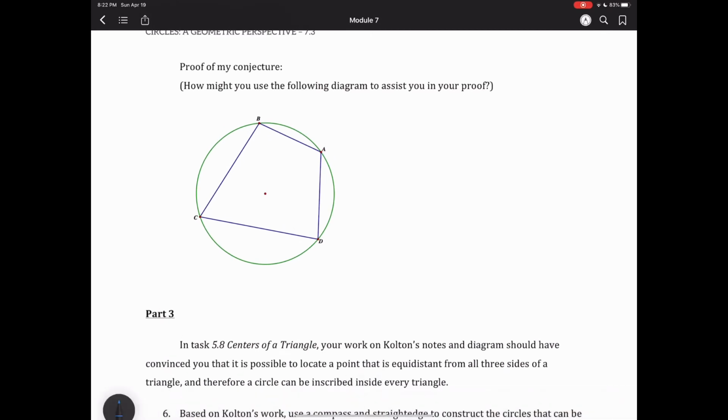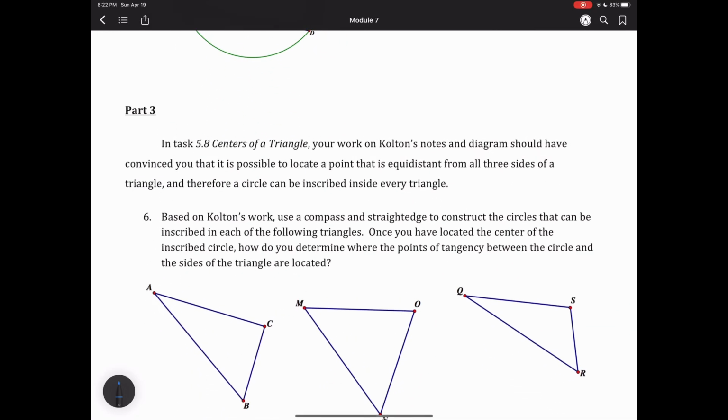Okay, and here's another diagram that you could use to do a flowchart proof or a paragraph proof explaining what I just did on the last page. Okay, so let's look at part 3. In task 5.8, we worked on Colton's notes and we decided it was possible to locate a point that's equidistant from all 3 sides of a triangle, and therefore a circle can be inscribed inside of every triangle.